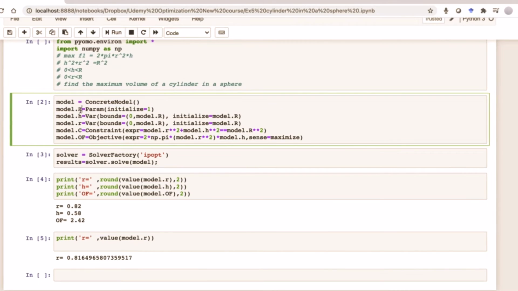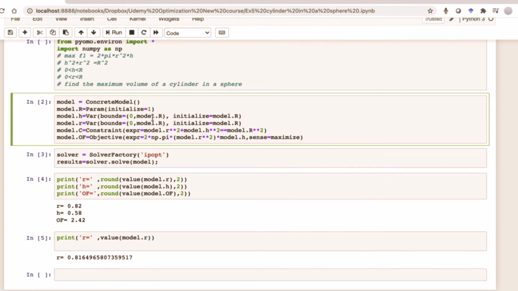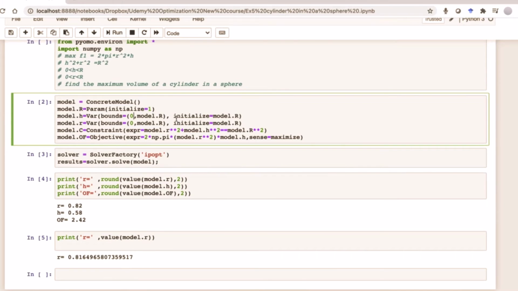R is the parameter, and we initialize it with the number 1. h and r are both variables, ranging between 0 and model.R. Instead of defining a new constraint, I just put the boundary of the variable inside the variable definition, and we can initialize it with some numbers between 0 and R, and I use the R here.